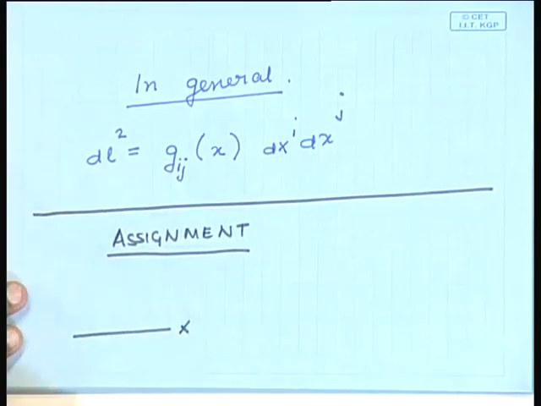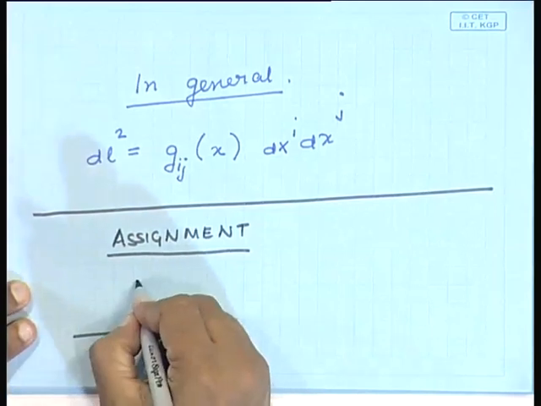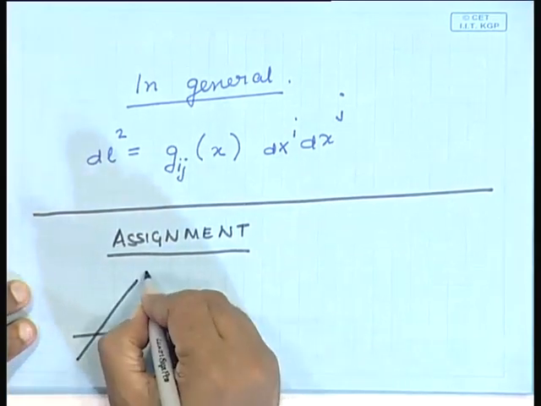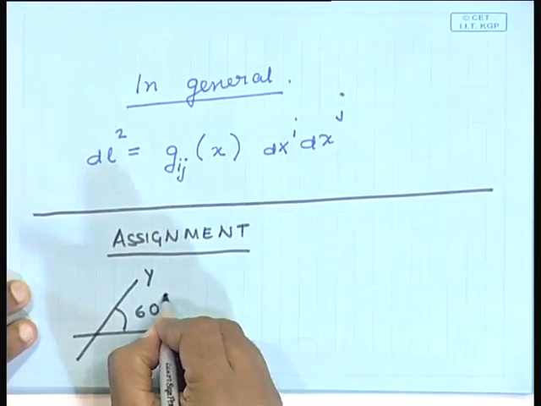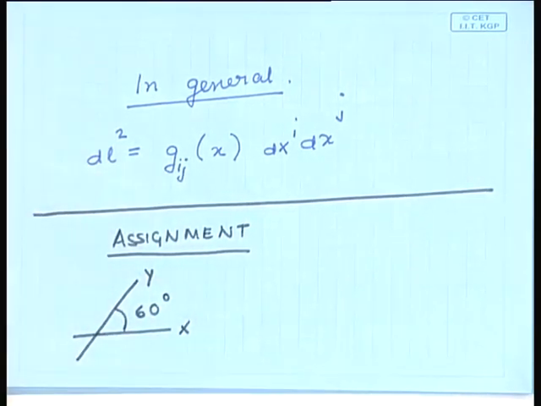The x-axis is here, and the y-axis, instead of being perpendicular, is at 60 degrees. So obviously, the distance between 2 points is not delta x square plus delta y square.